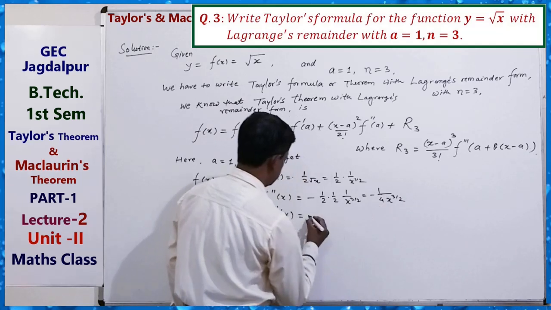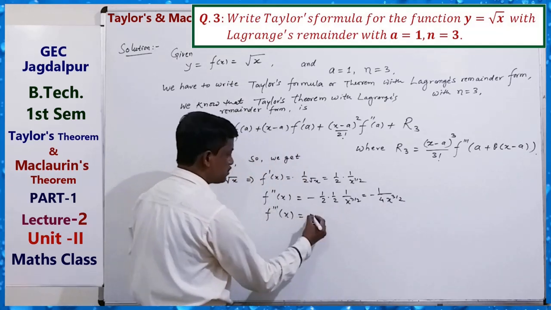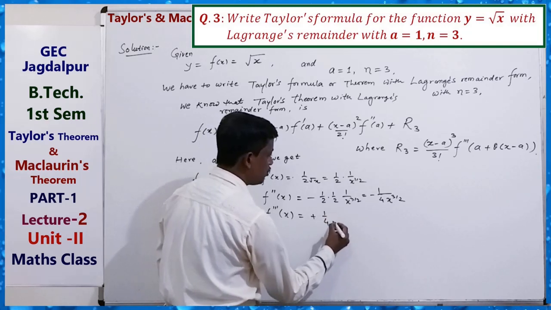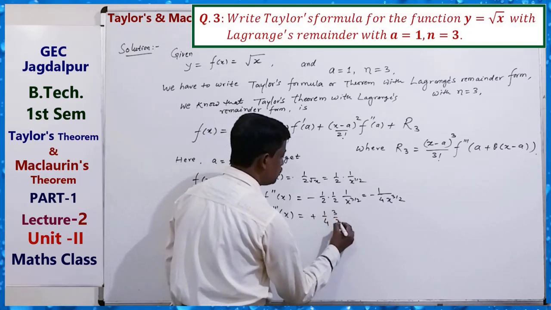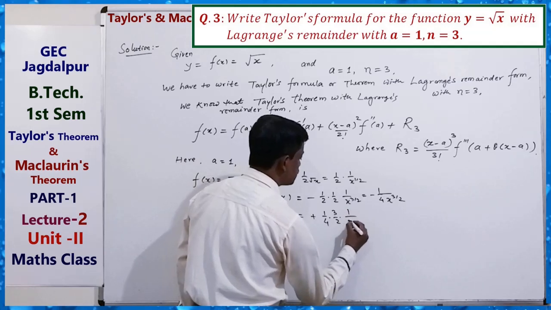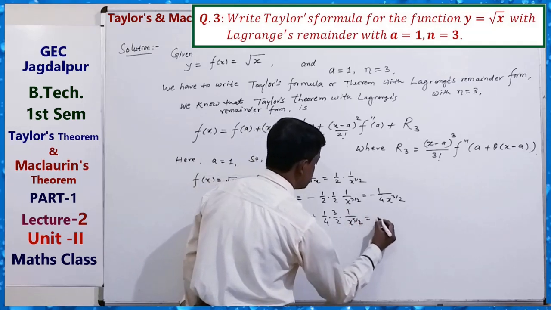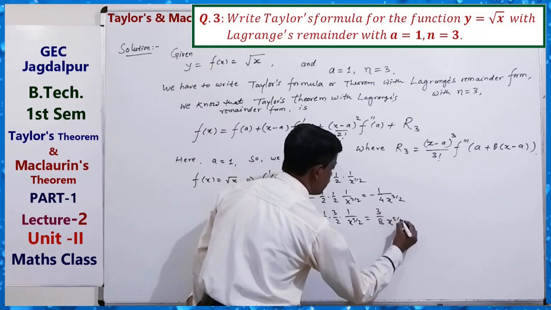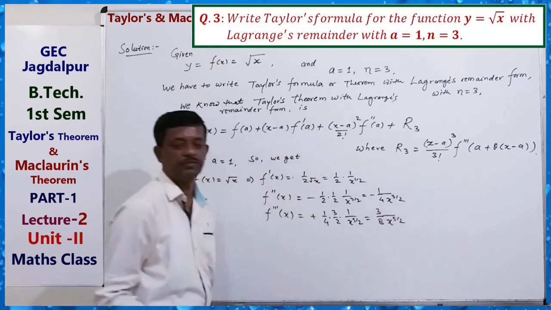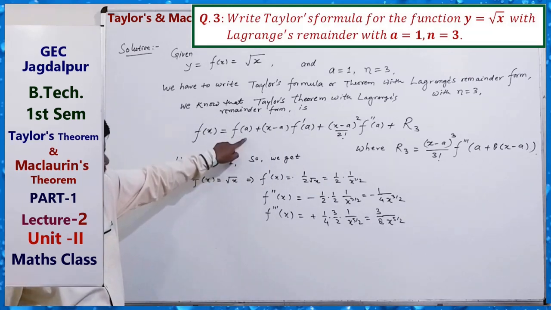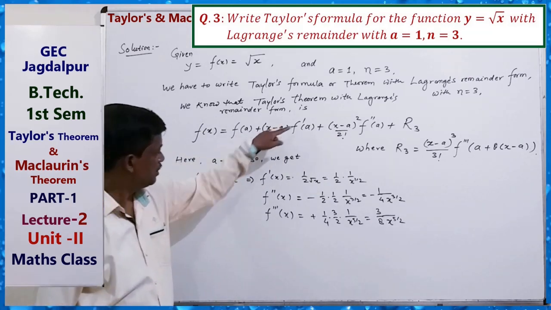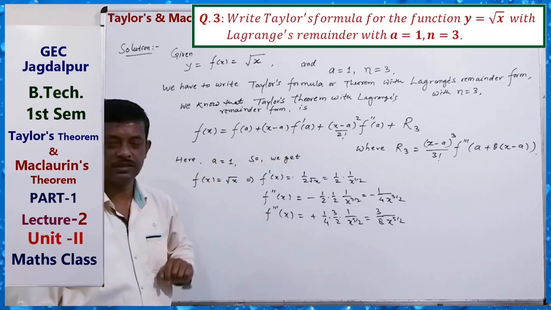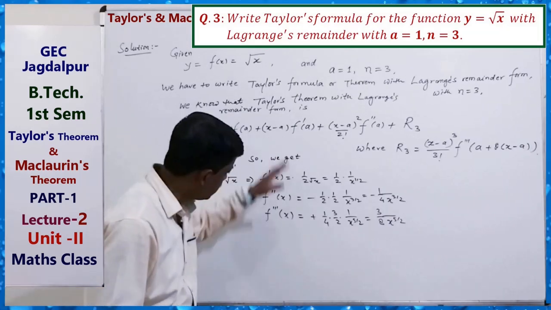Now minus minus is plus, so 1 by 4 into 3 by 2, 1 upon x to the power 5 by 2, that is 3 by 8 x to the power 5 by 2. So this is the value. F is this, f dash is this, f double dash is this, f triple dash is this. You have to find all the derivatives.